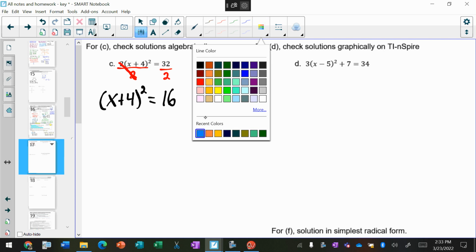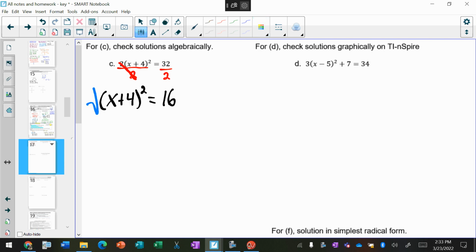Once the squared term is isolated, we can go ahead and square root both sides of our equation. Canceling out the exponent of 2 is why we do the square root in the first place. Taking the square root of 16, we get either positive 4 times positive 4 or negative 4 times negative 4.